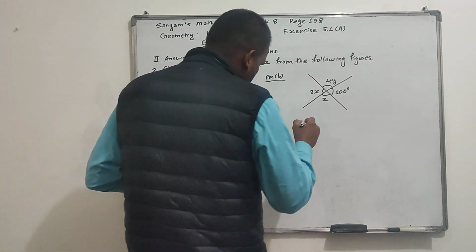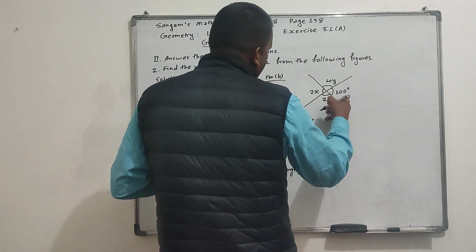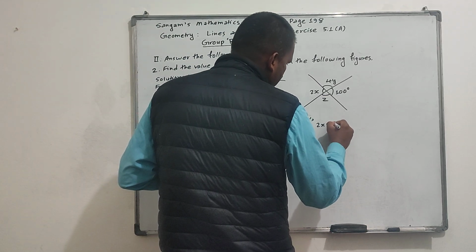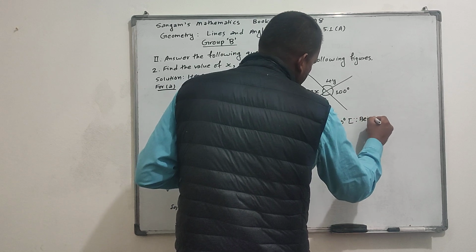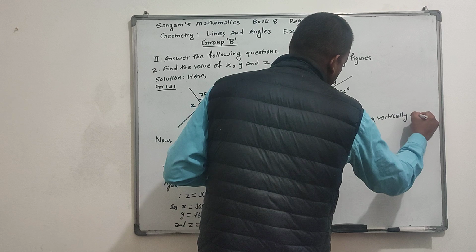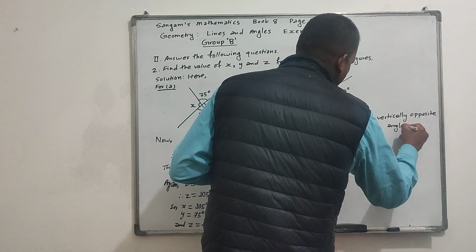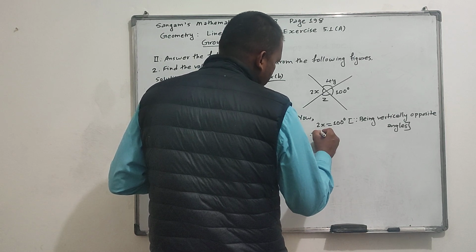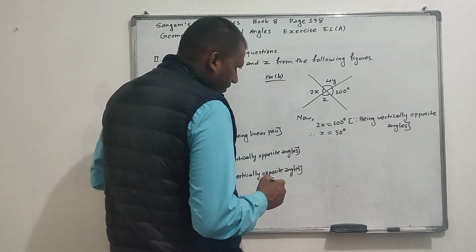Now 2x and 100 degree, they are vertically opposite angles, so you can write 2x equal to 100 degree because being vertically opposite angles, therefore x equal to 100 divided by 2, that is 50 degree. So therefore x equal to 50 degree.